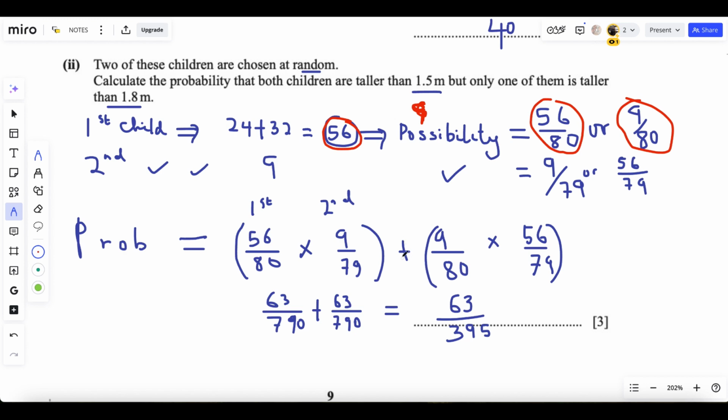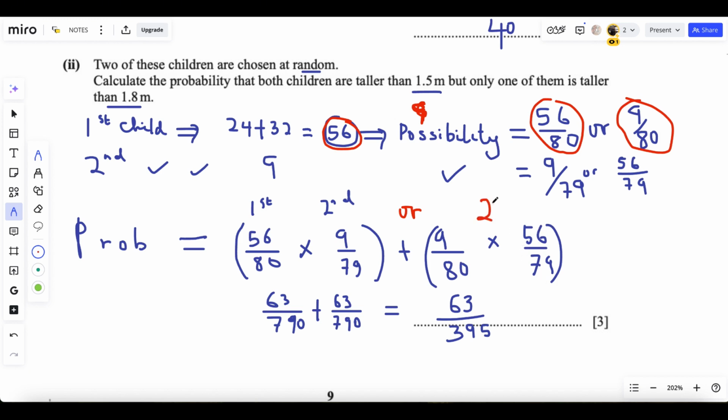The other possibility is that the first one picked 9, the one taller than 1.8, over 80 times 56, which is taller than 1.5 but less than 1.8, 56 over 79.